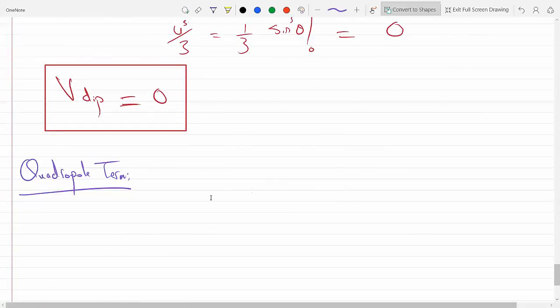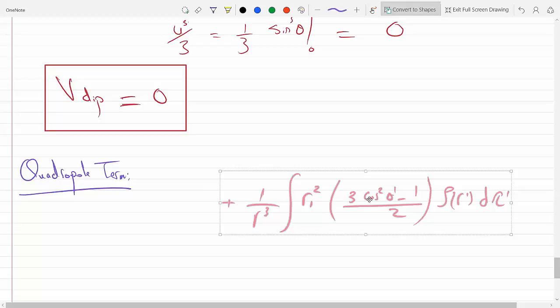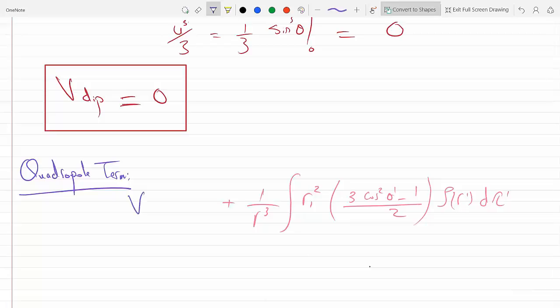Okay, so this is the V for the quadrupole, and before it there's 1 over 4 pi epsilon, and this is a volume integral.